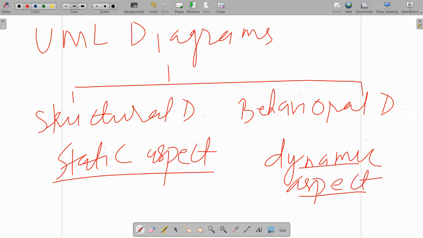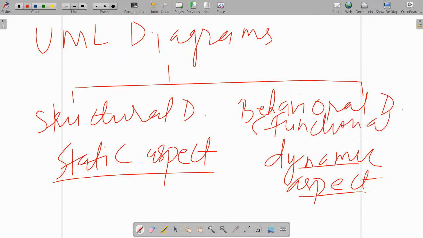Now, when it is dynamic, it means it will show its behavior. Dynamic means the behavior changes depending upon the system. This behavioral model diagram is also called a functional model. It depends upon the function.